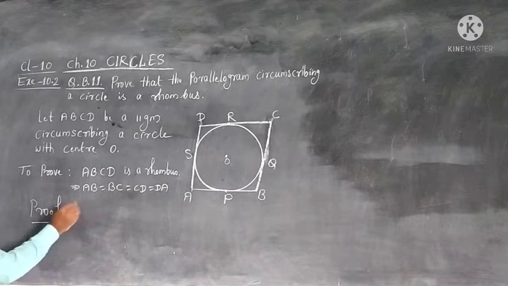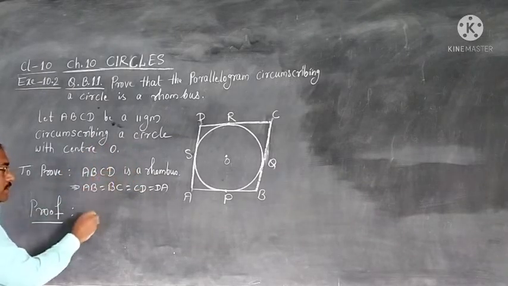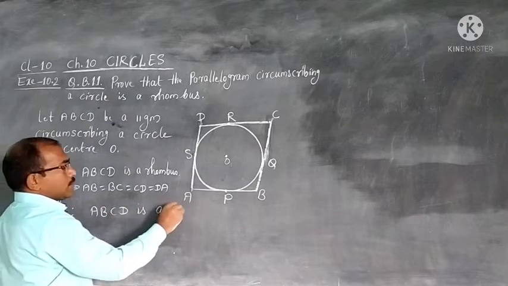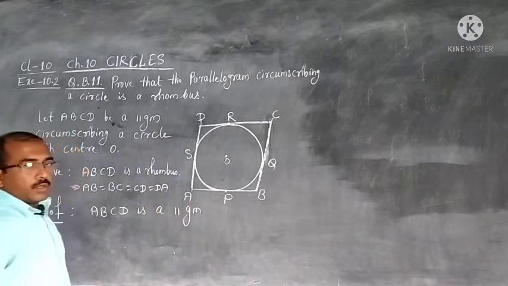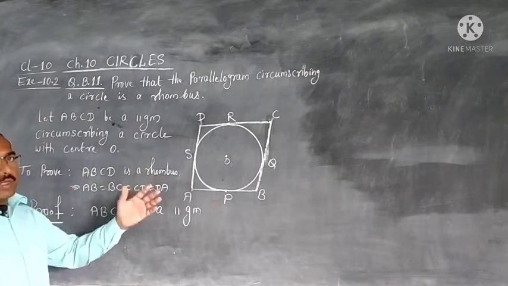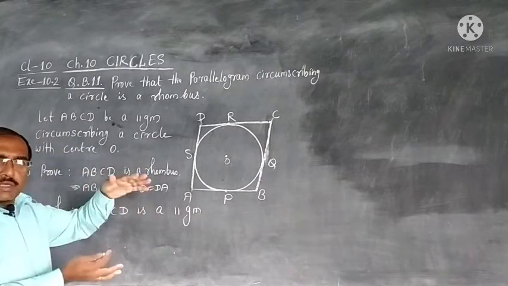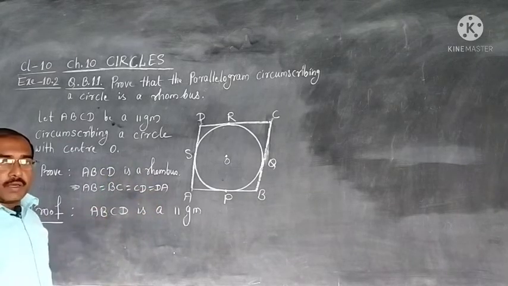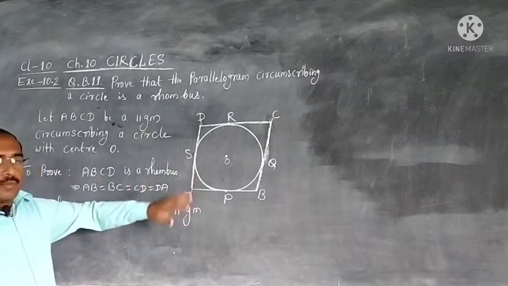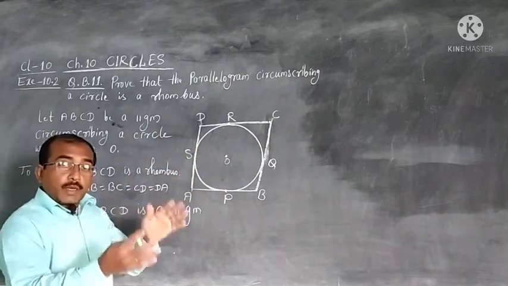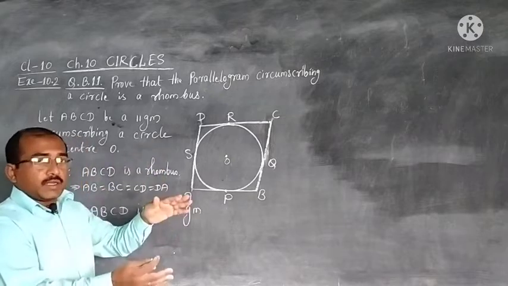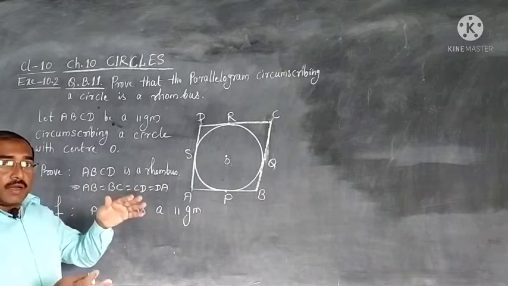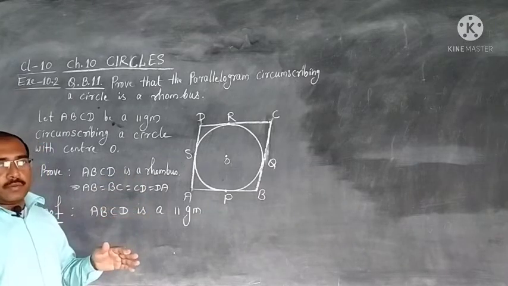First of all, we have a parallelogram, ABCD is a parallelogram. So in a parallelogram what happens? Opposite sides are parallel and equal. In a rhombus also it happens, opposite sides are parallel and equal, and also all four sides are equal.